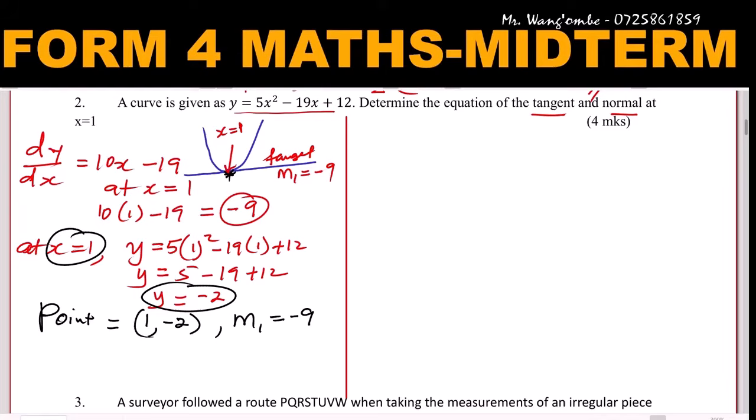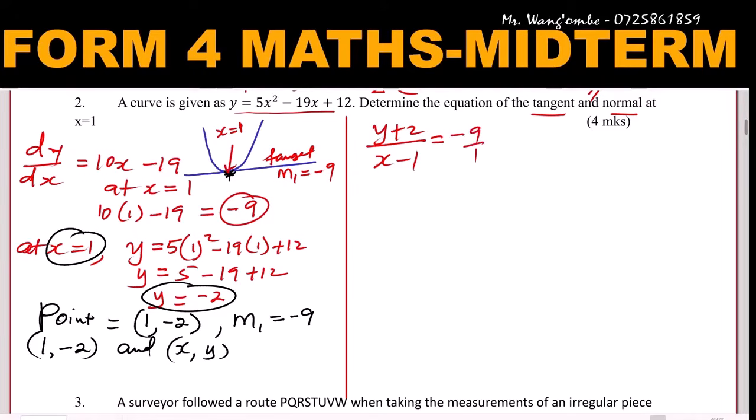So you simply take 1 and negative 2 and introduce another general point on that line, x, y, and you calculate the gradient using these 2 points, 1, negative 2, and x, y. So gradient is given by change in y, which is y subtract negative 2, that will be y plus 2, divided by change in x, x subtract 1, and that one should give negative 9, the gradient.